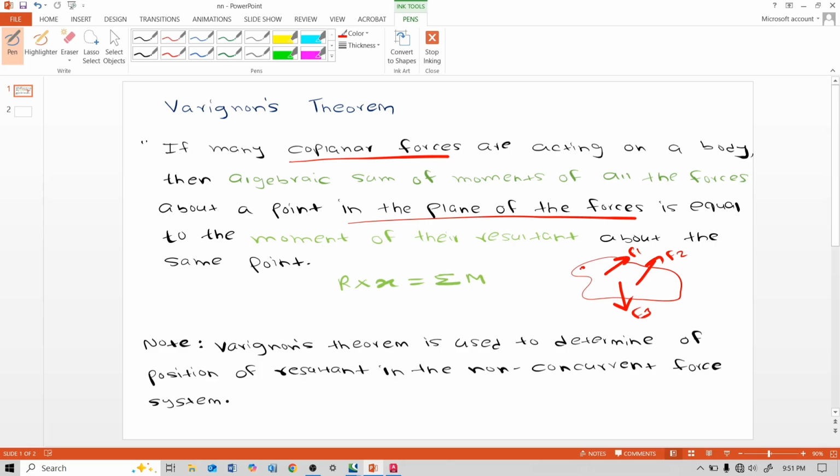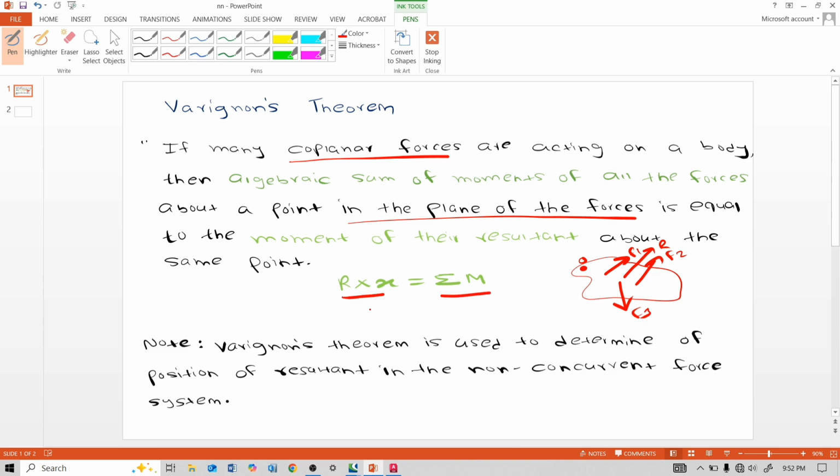If we consider the moment about a point in the plane, this point O should be in that plane only, then it is equal to the moment of their resultant. So if this is the resultant, then R into X is equal to the summation of all moments.